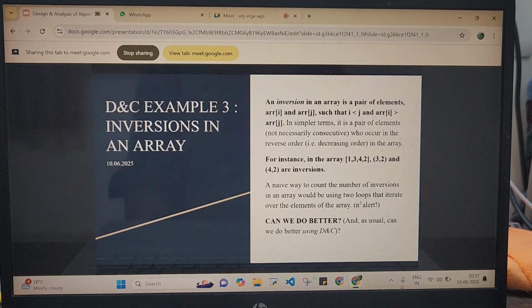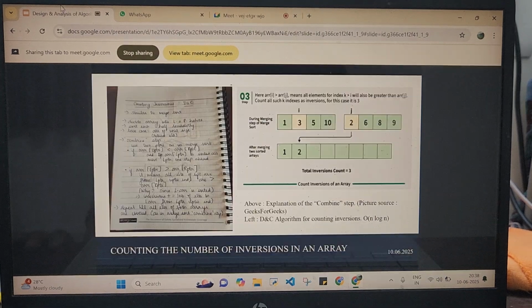But obviously whenever we have two loops, it is order of n squared, and for simple problems like this we want to do better than n squared. In the context of this discussion, we hopefully want to do better than n squared using divide and conquer. So that is what we are going to look at in this segment.